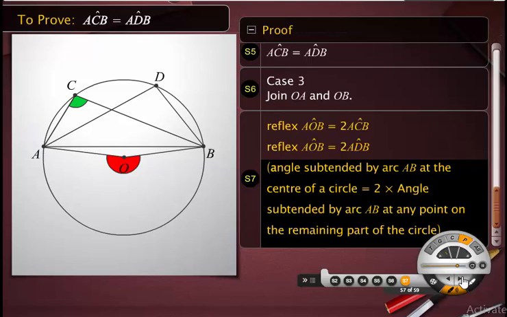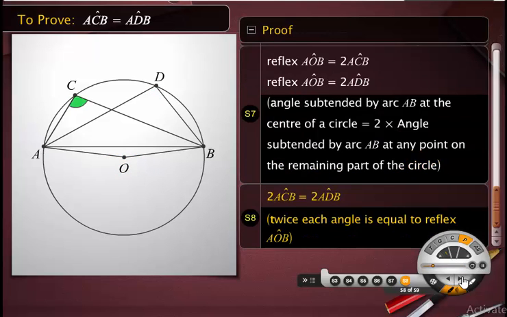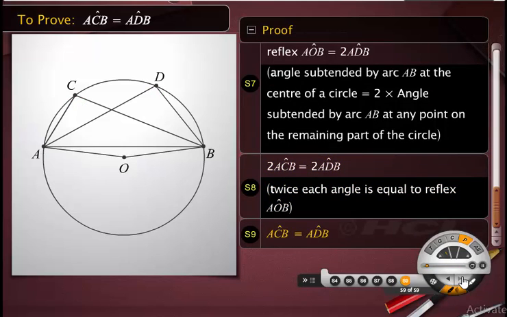Similarly, reflex angle AOB is twice angle ADB. This means that twice the angle ACB is equal to twice the angle ADB. In other words, angle ACB is equal to angle ADB. Hence it is proved that the angles in the same segment of a circle are equal.